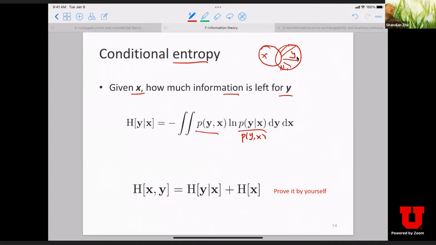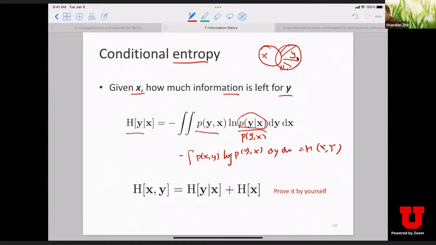It's joint entropy, right? If you write it as the integral of P of x, y, logarithm of P of x, y, dy, dx, it's just H of x and y. This is the definition. But if you use the conditional probability in the logarithm part, it becomes conditional entropy.